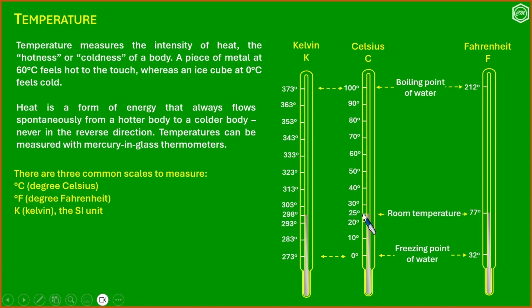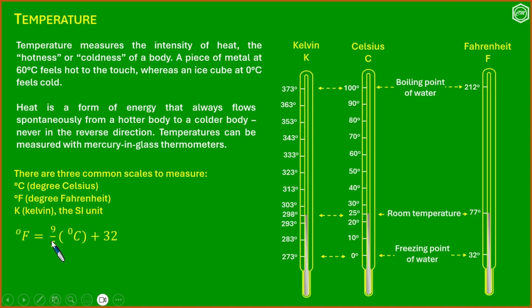The room temperature is 25 degree in the Celsius scale, while on the Fahrenheit scale it is 77 degree. In Kelvin scale it is 298 Kelvin. The Celsius scale and the Fahrenheit scale temperatures are interconverted using this formula.